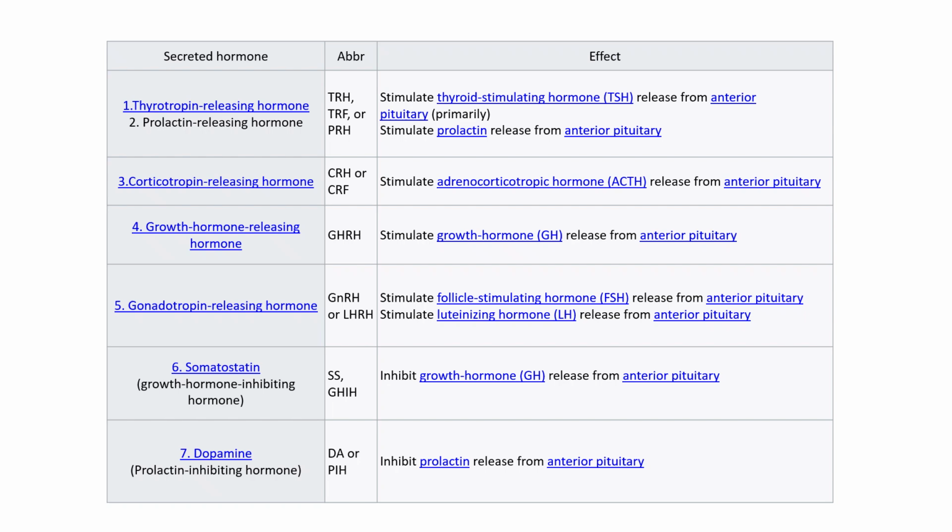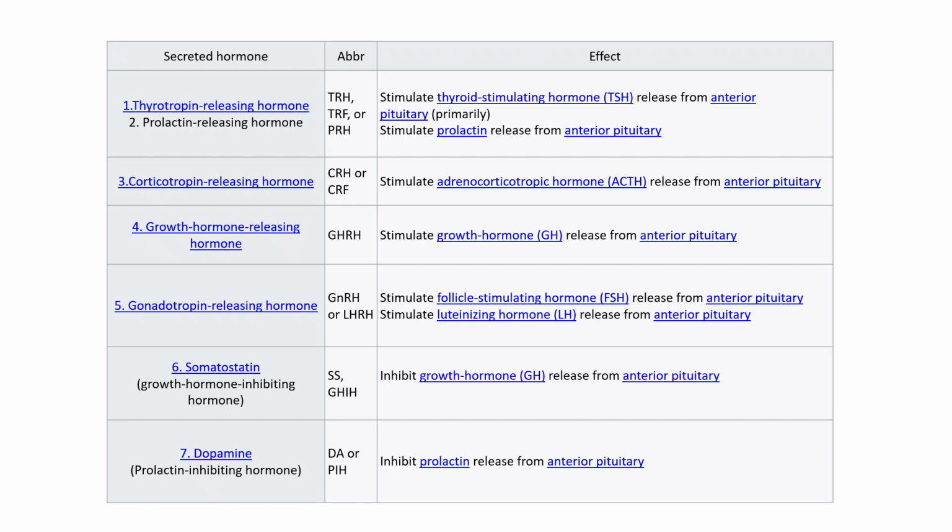So first is thyrotropin releasing hormone. It stimulates thyroid stimulating hormone release from the anterior pituitary gland. Then prolactin releasing hormone stimulates prolactin release from the anterior pituitary. Corticotropin releasing hormone stimulates adrenocorticotropic hormone, ACTH, from the anterior pituitary. Growth hormone releasing hormone stimulates growth hormone release from the anterior pituitary.